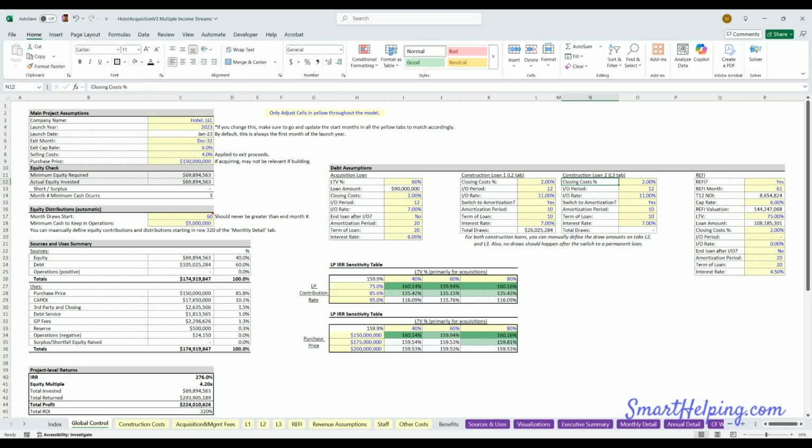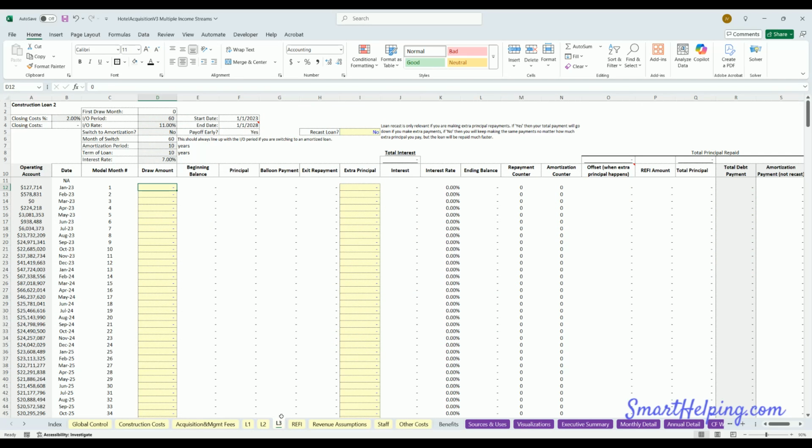You can make it an initial loan. Like say you're going to do an acquisition loan plus maybe a seller finance. You can make the IO period 0. Switch to amortization, yes. Or it could be an interest-only loan. Like if it's an IO, you could do maybe a 60-month.